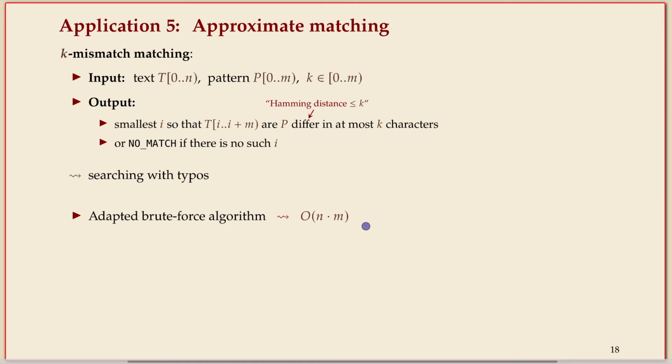Let's take a quick look at what you can do without any fancy things. If you think back to the beginning of Unit 4, our brute force algorithm for string matching. Remember, it just tested one text position after the other, and for each text position, it tried to match the pattern at this point. Now, we can adapt this to that scenario where we don't find exact matches.